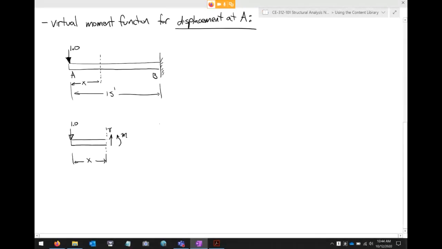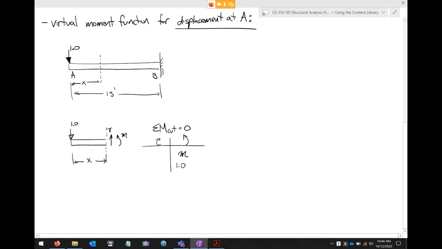And then I do the same thing. I sum moments at the cut. And what do I have? I've got my little m, and then instead of that 2.5x times x over 2, all I have is the unit load of 1 multiplied by the moment arm of x.